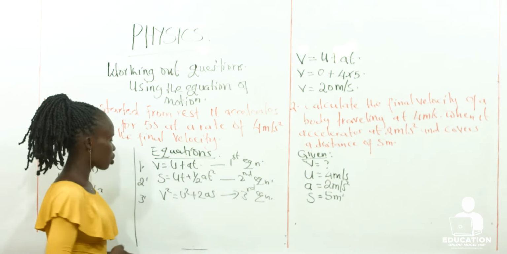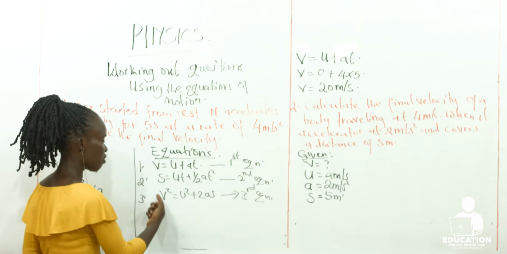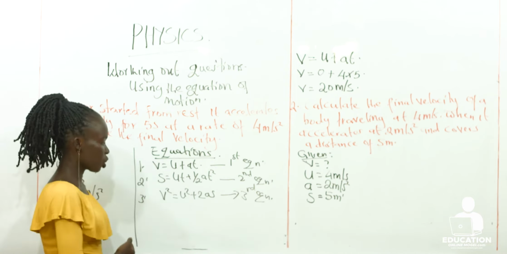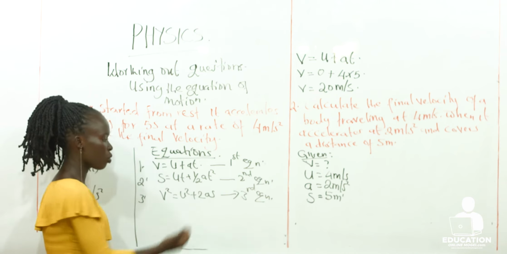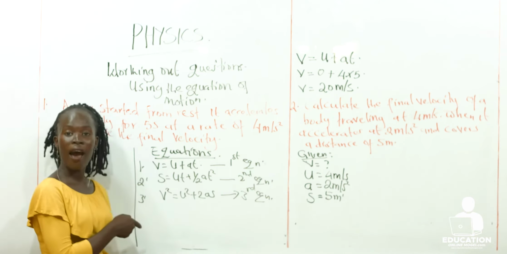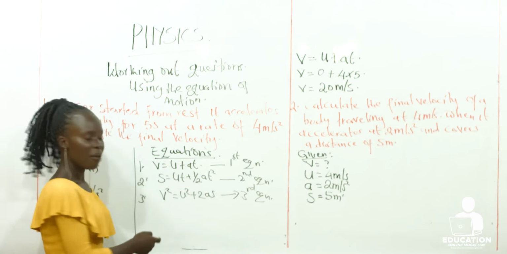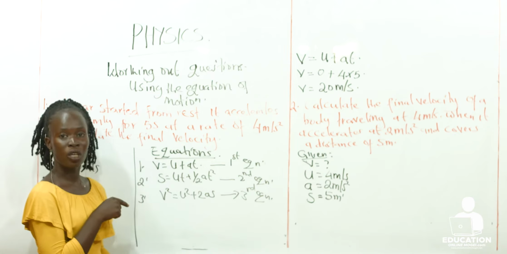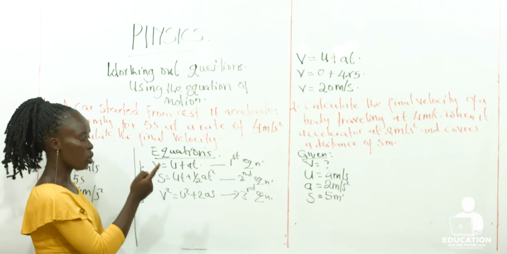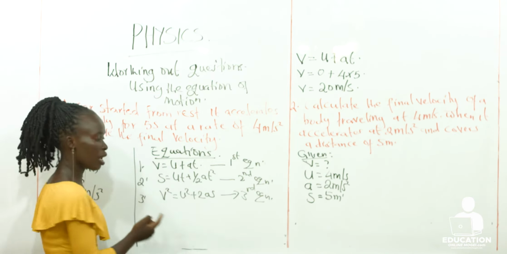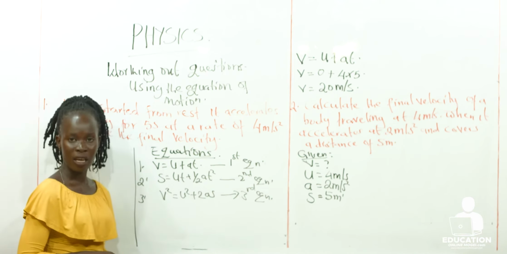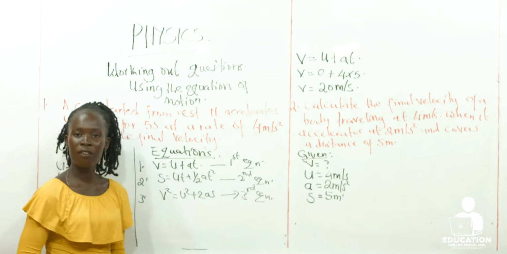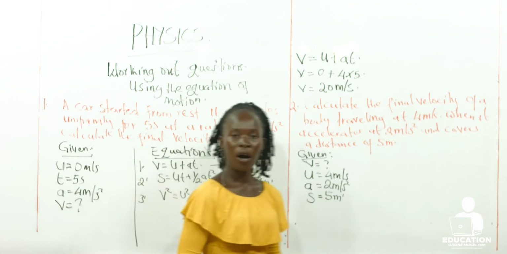We come to equation 3. We have the final velocity they want us to find, we have the initial velocity, we have the acceleration, we have the distance. We don't have time in this, making this equation very suitable for our question. If an equation includes time, what value will you assign to time?